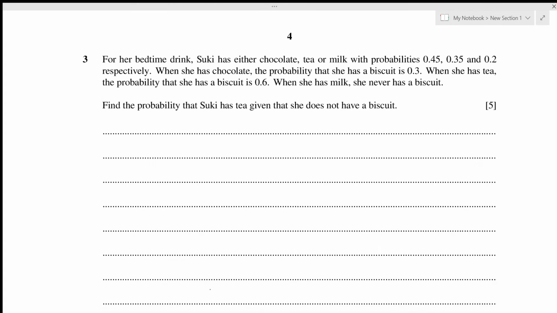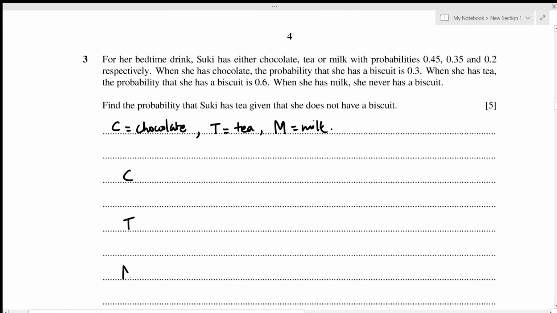And in case of conditional probability, I find it easier if I draw the tree diagram. So I'm going to do that first. And before that, I'm just going to give the notations. So I'm going to denote chocolate with C, tea with T, and then milk with M. Alright, so she can either have chocolate, tea, or milk. So let's just write down the respective probabilities.